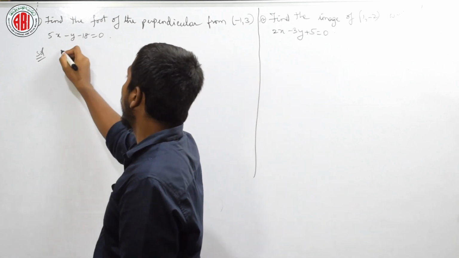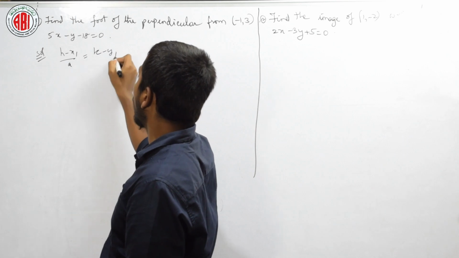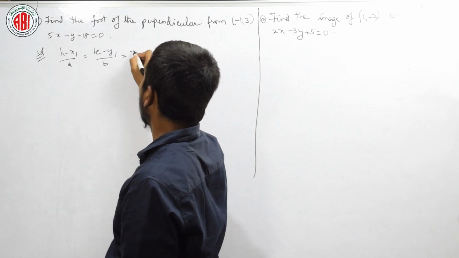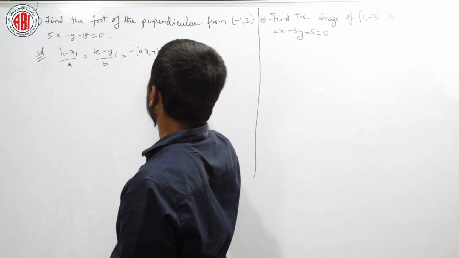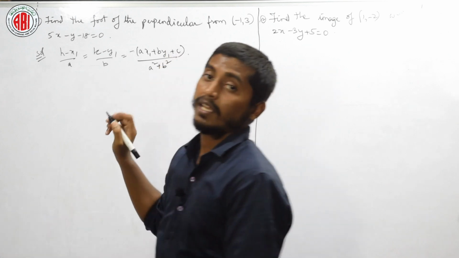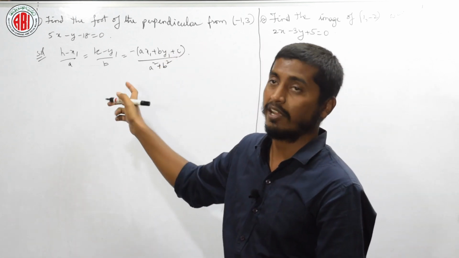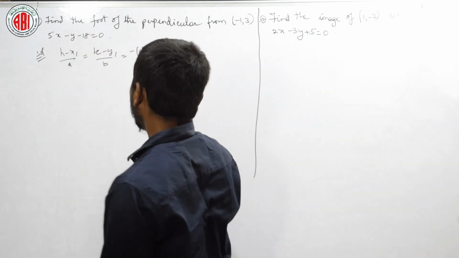That is (h minus x1) by a is equal to (k minus y1) by b is equal to minus of (ax1 plus by1 plus c) by (a square plus b square). In this sum, we have to find the values of h and k. Is it clear? Let us find out.